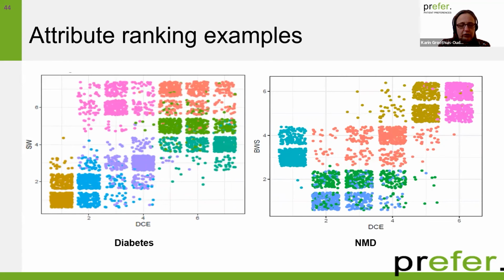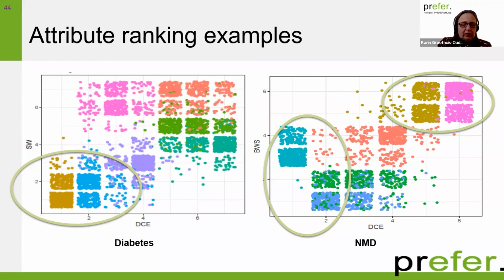To give you an idea of the results, here on the left, you see the ranking of the attributes of the diabetes study. On the x-axis, you see the DCE, and on the y-axis, you see the swing weight. It's a scatter plot where the rankings are jittered a bit around their value, so you can see the individual points.